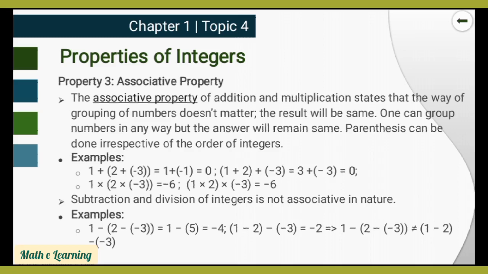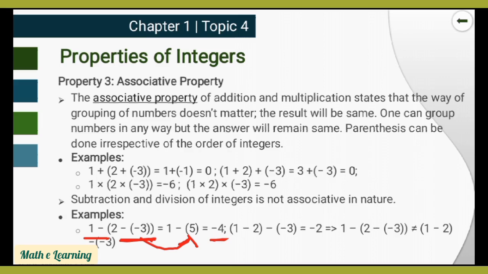In this example, grouping of these two numbers is done, and then we subtract the answer of this from 1. 2 minus (minus 3) is equal to 5, and 1 minus 5 is equal to minus 4.